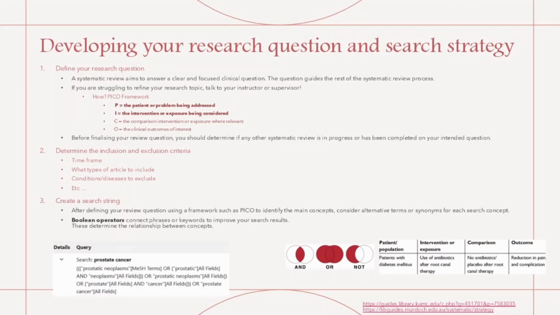For instance, if you would like to create a search string for this PICO question, you could use diabetes mellitus, the word diabetes, the word type 1 diabetes. You could use insulin, which is a really broad term when you're looking for a condition like diabetes, but it could be included in your search string.